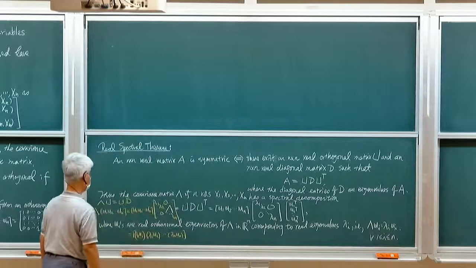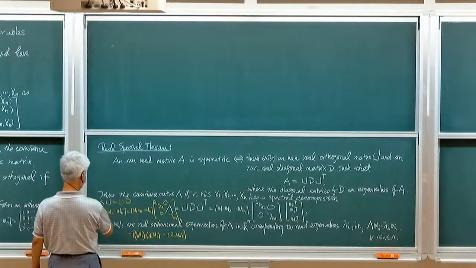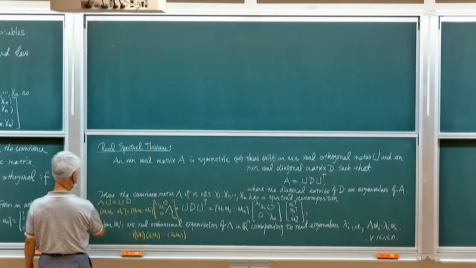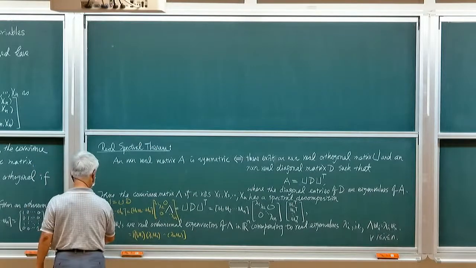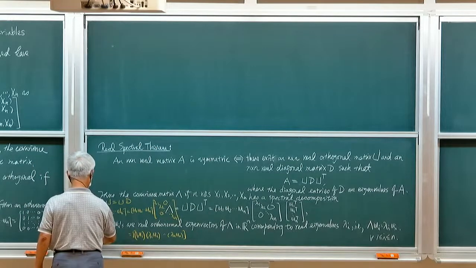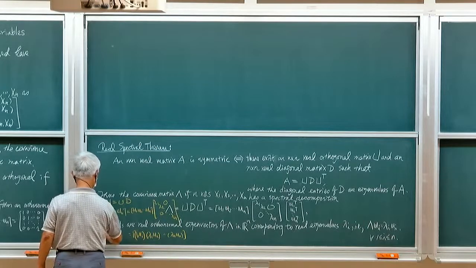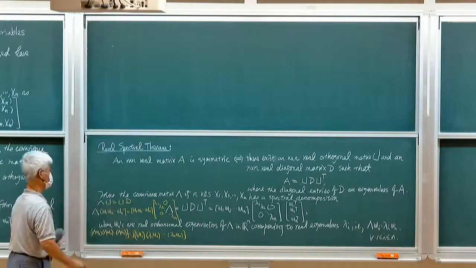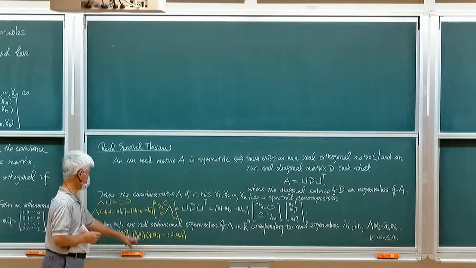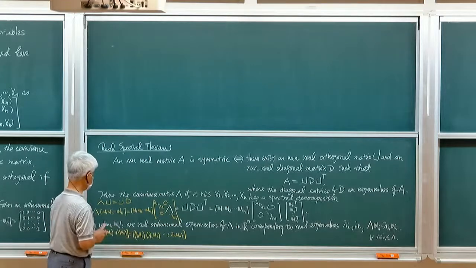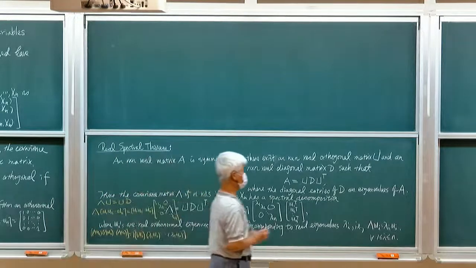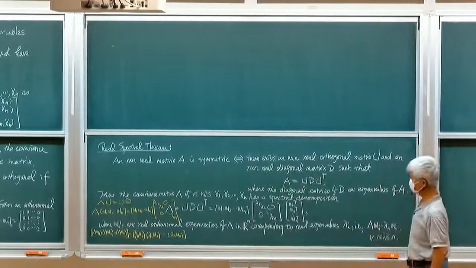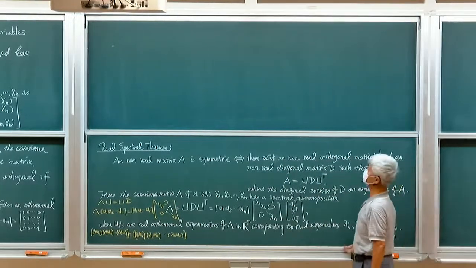And when you apply Lambda to each column, you get Lambda u1, Lambda u2, Lambda un. Now you identify each column, and you get the eigen equation.